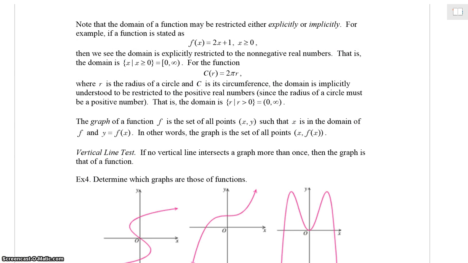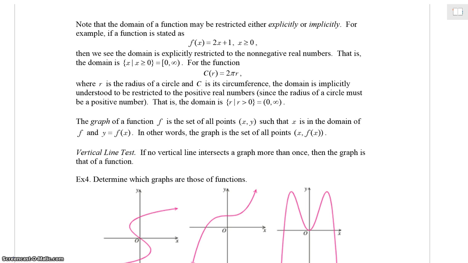We continue to the next page now and continue our discussion of domain. Note that the domain of a function may be restricted either explicitly or implicitly. You might say directly or indirectly.